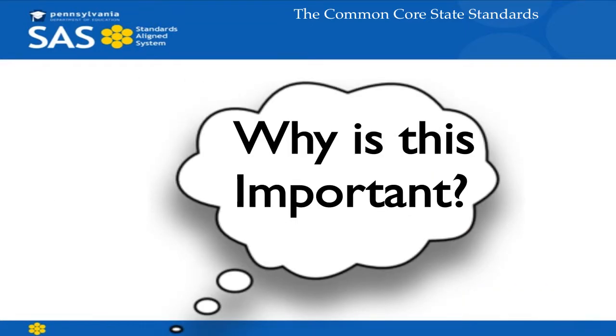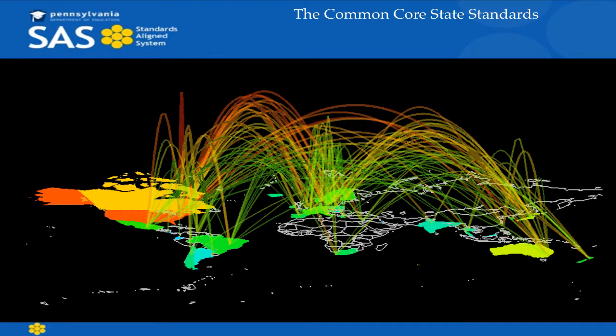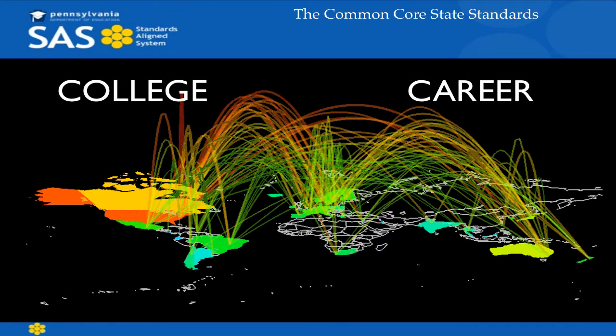You may ask yourself, why is this important? The world is changing, and as society becomes more interconnected and work becomes less routine, expectations for college and career readiness must change too.